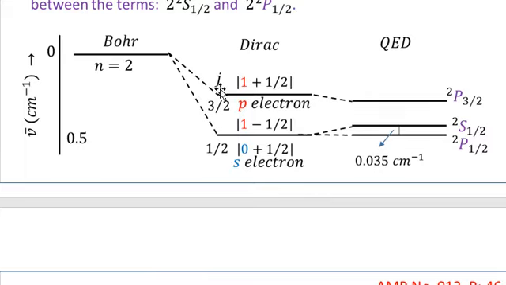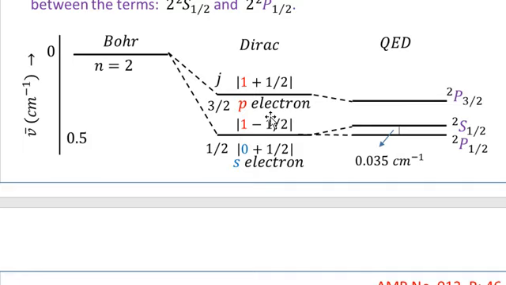So you see that for the p electron, the value of the orbital quantum number L is equal to 1, and since there is a single electron involved for the case of hydrogen, the spin quantum number is always 1/2. So L plus 1/2 will give you 3/2 value for the p electron. And similarly, since there is 1 plus minus 1/2, 1 minus 1/2 will give you the value of J equal to 1/2.